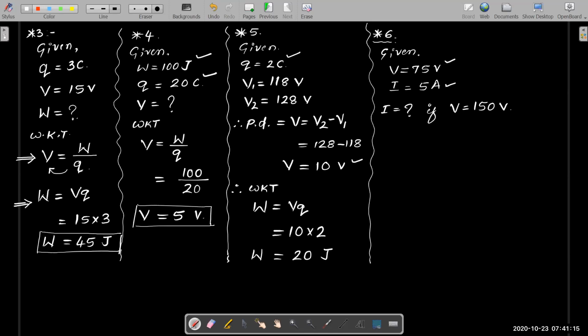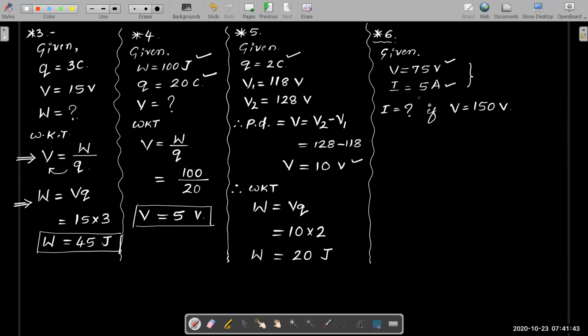Across its terminals the potential difference is 75 volt and it draws a current of 5 ampere. If the same electric heater is connected to a source of 150 volt instead of 75 volt, then how much current will be drawn? So that is the question.